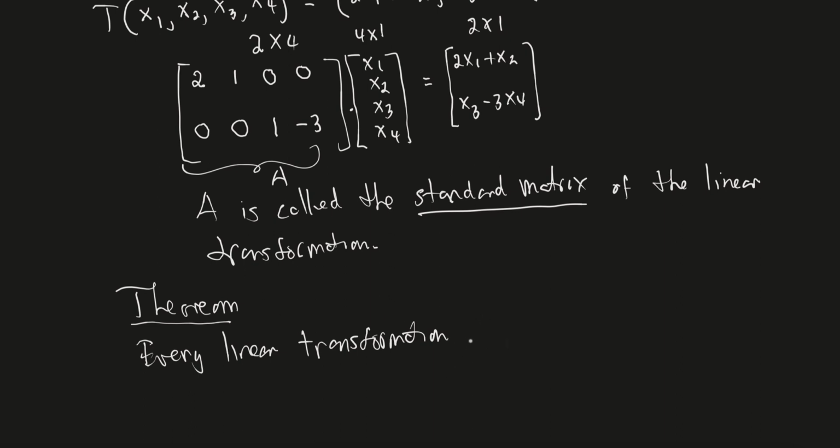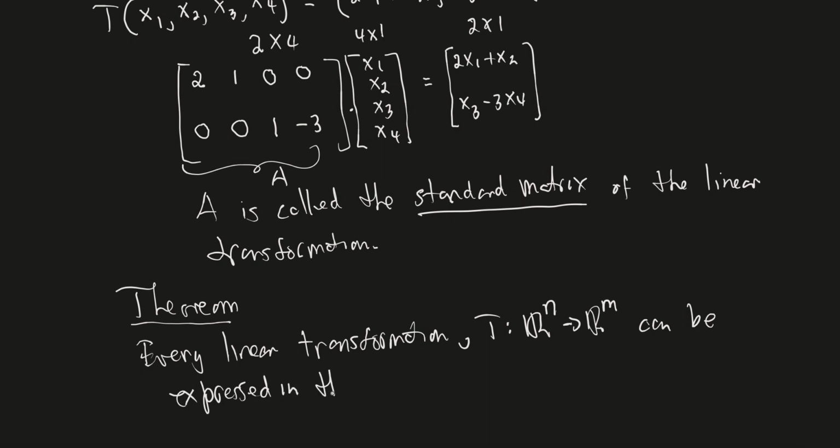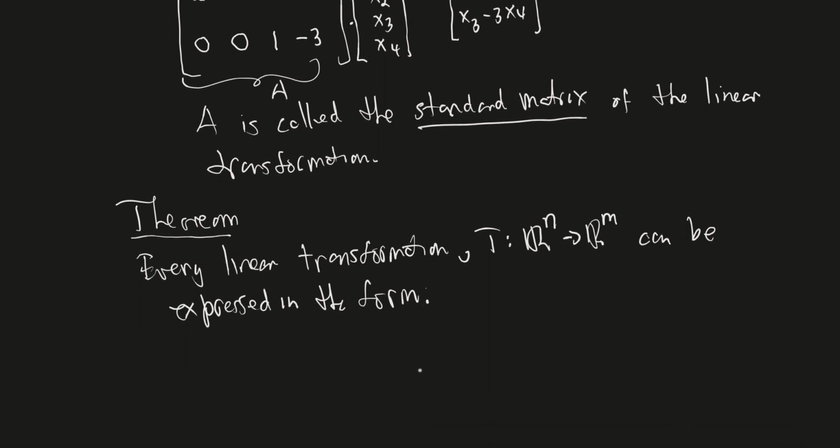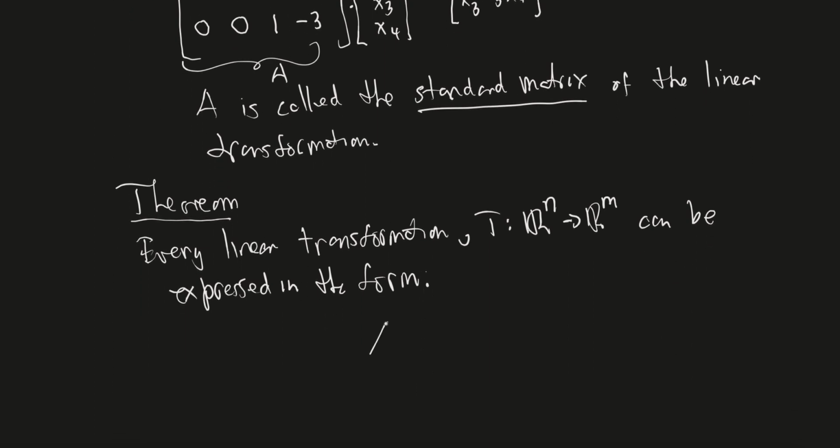So every linear transformation that goes from Rn to Rm can be expressed in the form, right? So what I'll do is I'll just say there's going to be some coefficient matrix, and then I'll have a vector u, and then this will be my vector v.